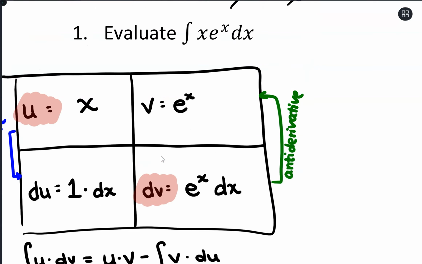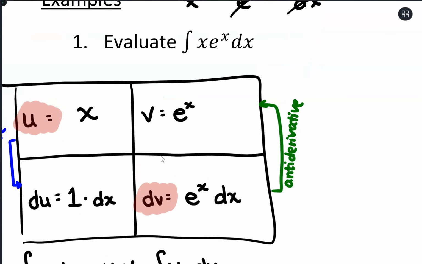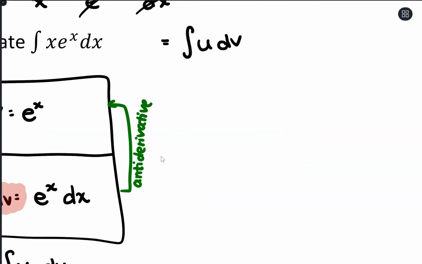Okay, so with our setup here, this antiderivative of x times e to the x dx, well, x is the equivalent of u, e to the x dx is equivalent of dv. So there we can see that equivalent of the antiderivative of u dv. Now what we're going to do is make our substitutions.